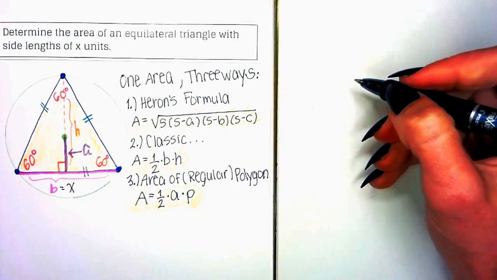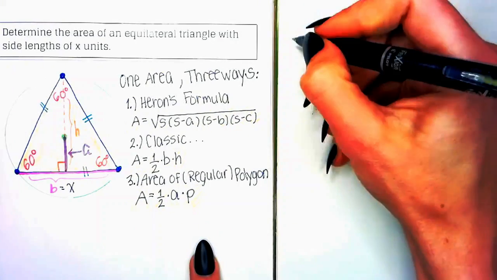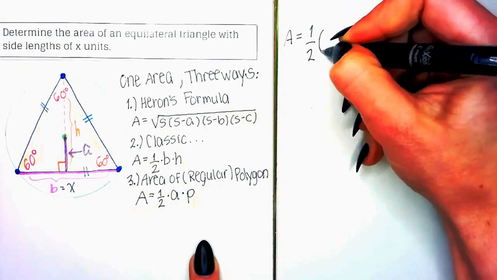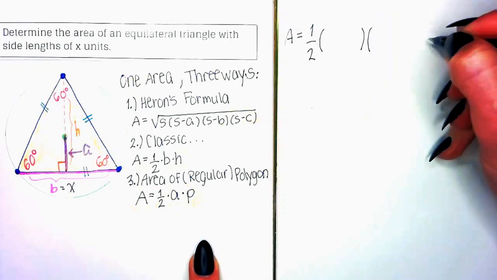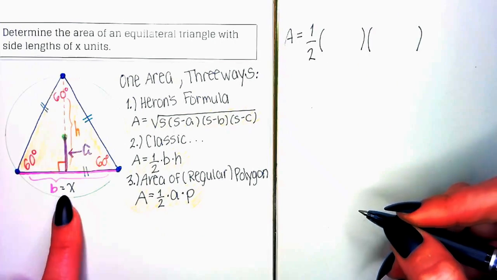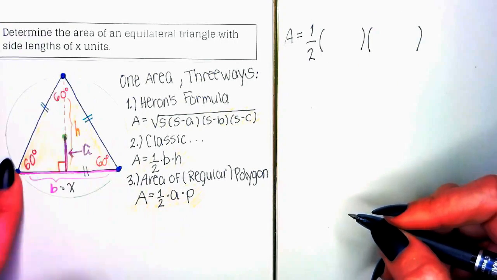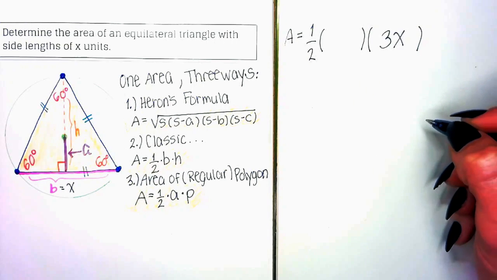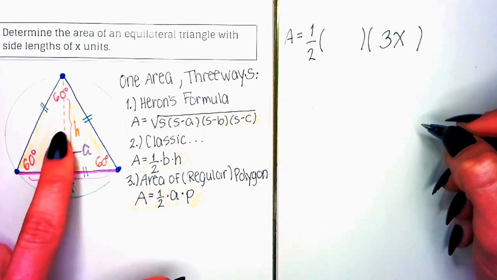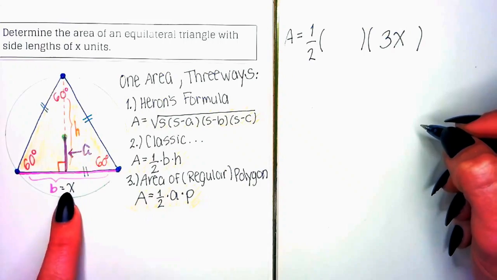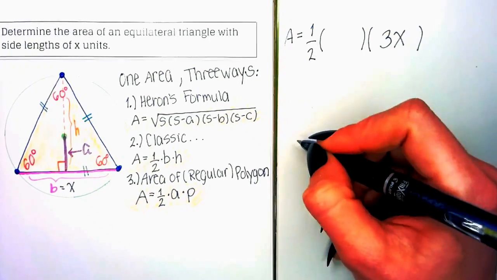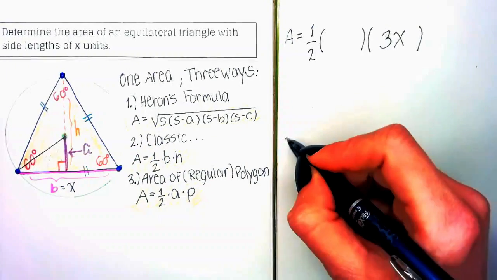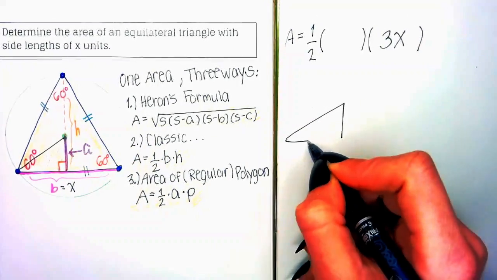Third, we have the area of the regular polygon approach. 1/2 apothem times perimeter. If this side is x, x, x, well then my perimeter is 3x. Where's the apothem? The apothem is this line right over here. Now before we continue, let's just blow up this triangle right over here on this page.